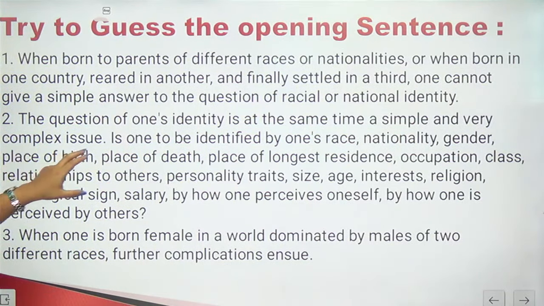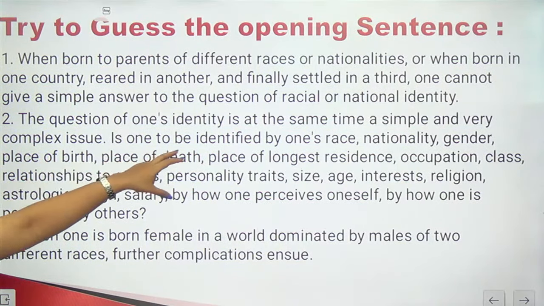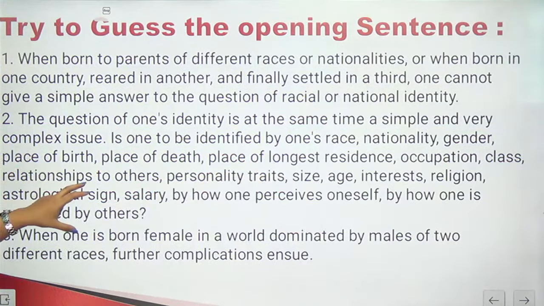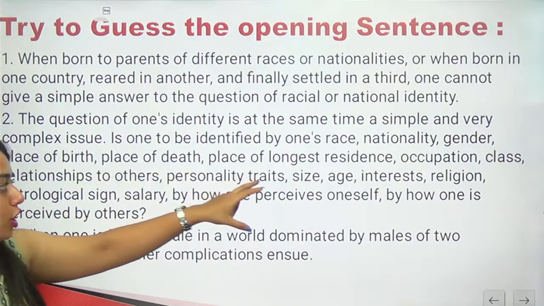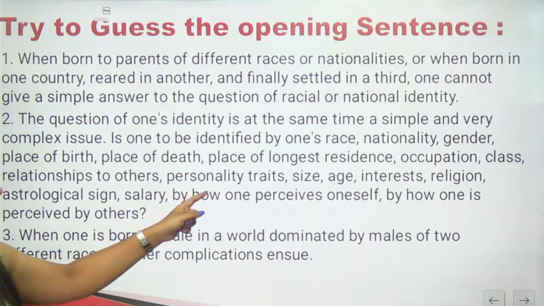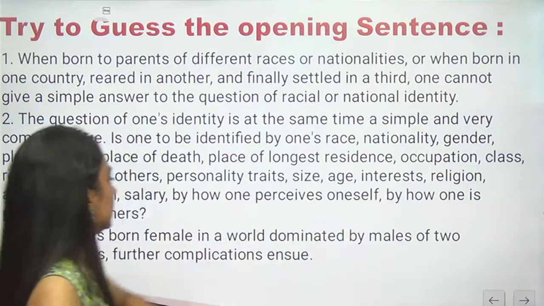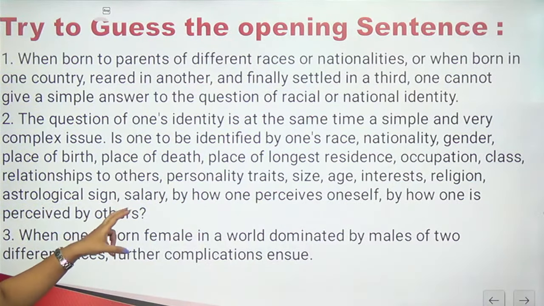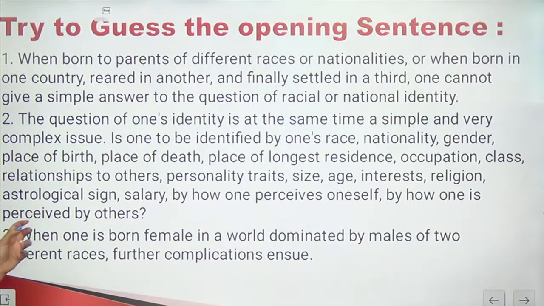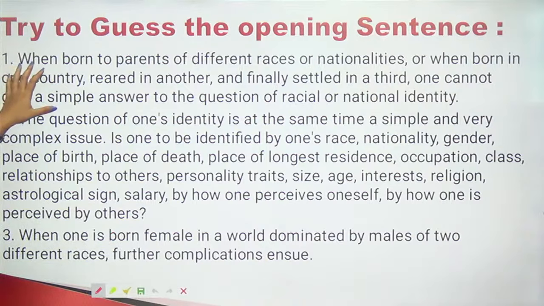So the question of one's identity is at the same time a simple and very complex issue, is one to be identified by one's race, nationality, gender, place of birth, place of death, place of longest residence, occupation, class, relationships to others, personality traits, size, age, interest, religion, astrological sign, salary, by how one perceives oneself, by how one is perceived by the others.